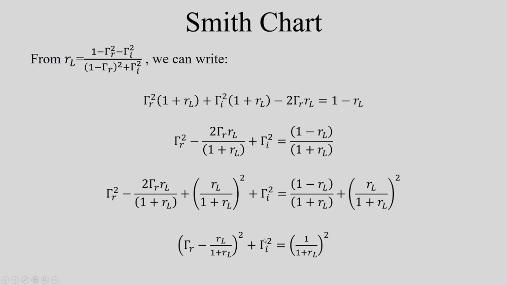complex gamma plane. We find that the center of the circle is given by RL divided by 1 plus RL, and 0. So, let us see how these circles look in the complex gamma plane.